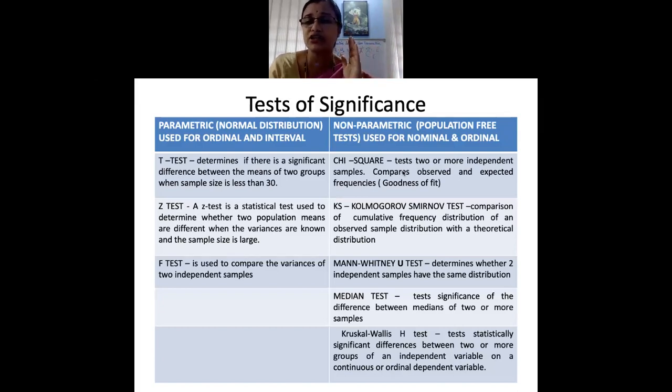If you find that your distribution is a normal distribution, go in for the t-test, the z-test, and the f-test, again if it has multiple dependent and independent variables where you want to find out the variances. So it depends on the kind of research that you are doing.